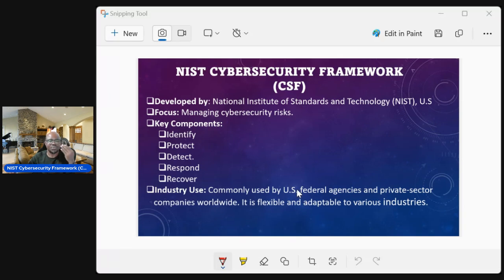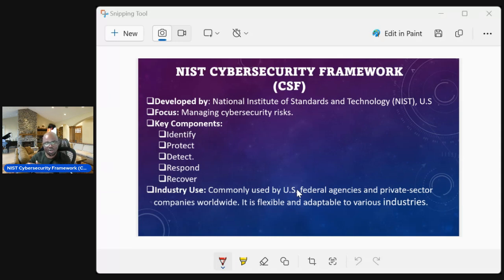Tier 3 is the repeatable tier, which means risk management practices are established, consistently followed, and refined over time. Policies, procedures, and tools are formalized and actively used to manage cybersecurity risk. And then tier 4 is adaptive. It means that the organization is highly proactive in managing cybersecurity risk, with continuous improvement and agile processes that allow the organization to adapt quickly to emerging threats.